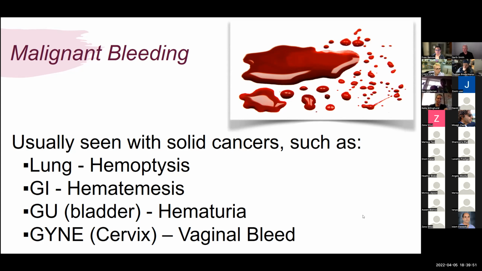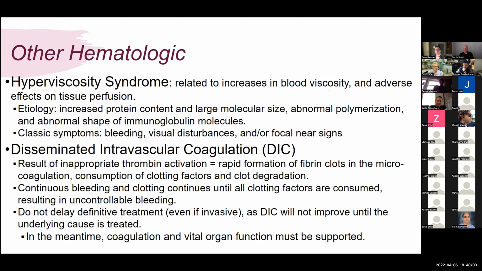So, hematologic complications, bleeding. You all know about bleeding and what to do, depending on where it's coming from: hemoptysis, hematemesis, hematuria, vaginal bleeding. And then other hematologic complications, again, things that we don't see very often. Hyperviscosity syndrome is typically seen in the hematologic malignancies, and again, very rare.